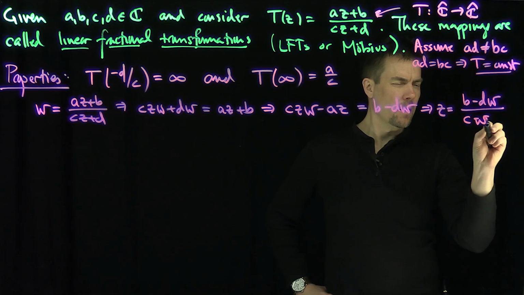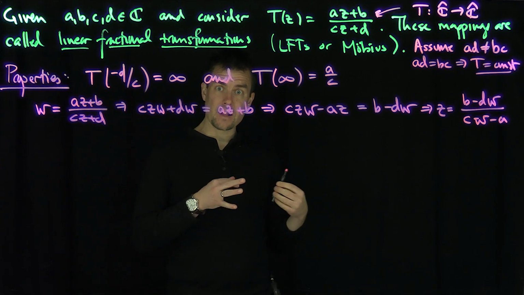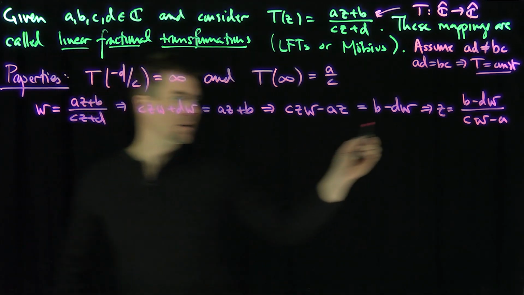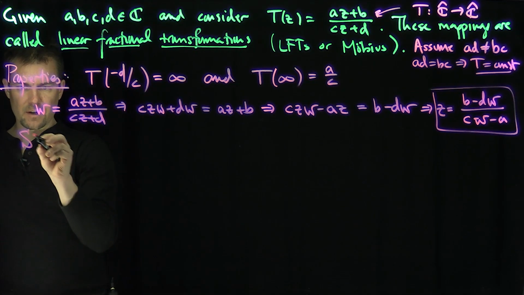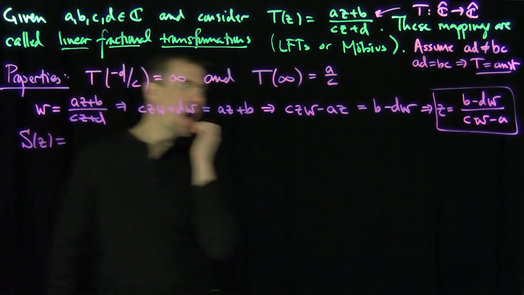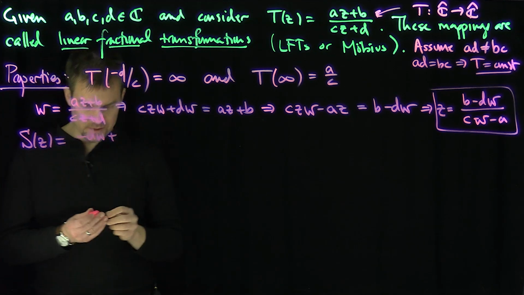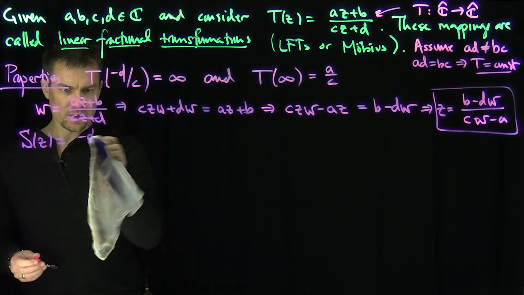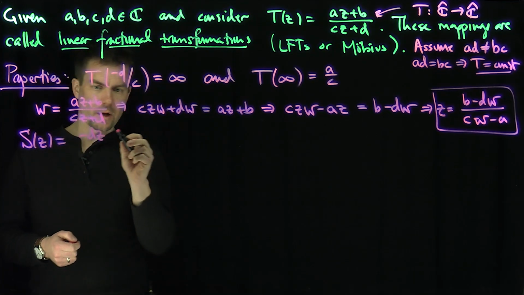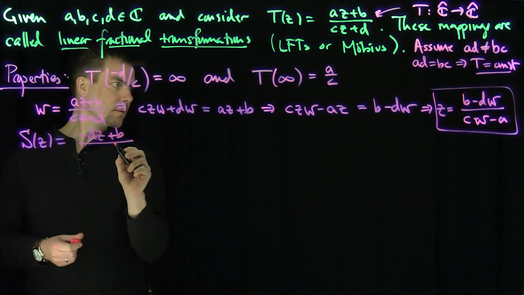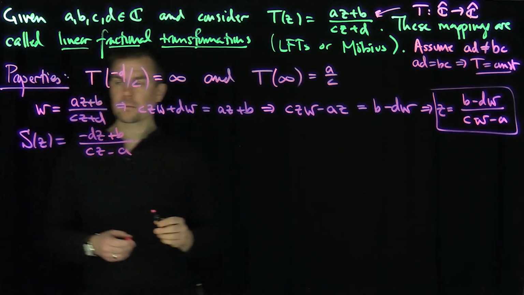And lo and behold, this also is the structure of an LFT, right? So if I define S of Z to be negative DZ plus B over CZ minus A, we're changing it to our Z variables, then what do I know?